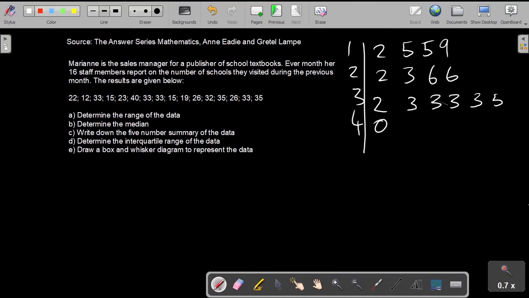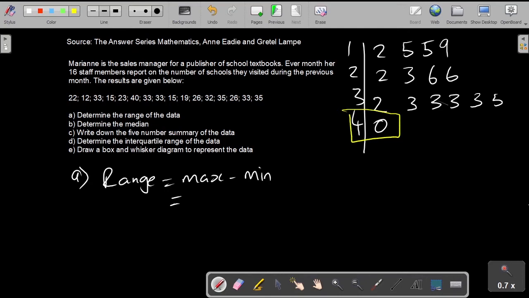So the first question said, determine the range of the data. Before you determine something, you have to understand what it means, right? The range would be the difference of the largest element and the smallest element. So A, the range, would be the max subtract the minimum. The maximum element, you can just look at your sorted data.